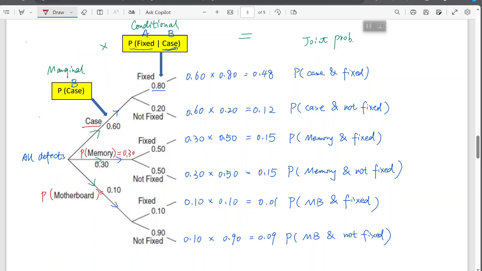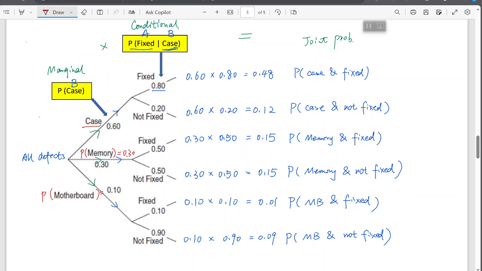But remember, these conditional probabilities do not sum to 1 because they are based on different conditions, right? So we need to do one more step to get the joint probabilities, and then these joint probabilities sum to 1, so that we divide all the defects into 6 subgroups now.